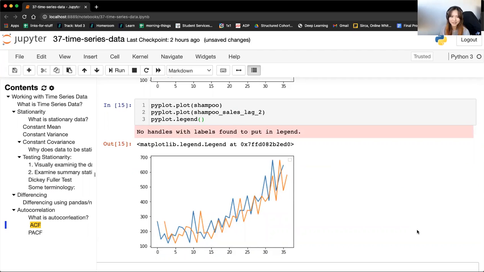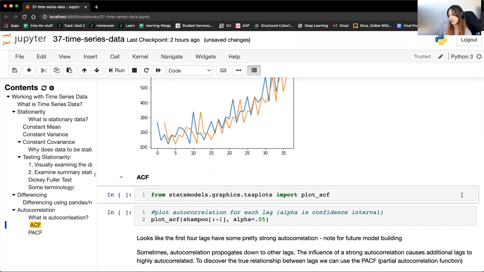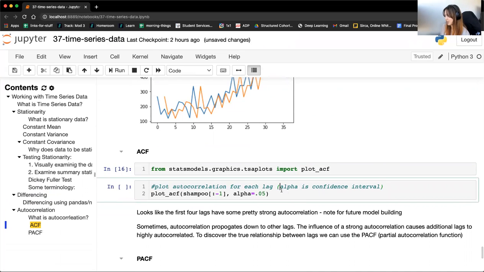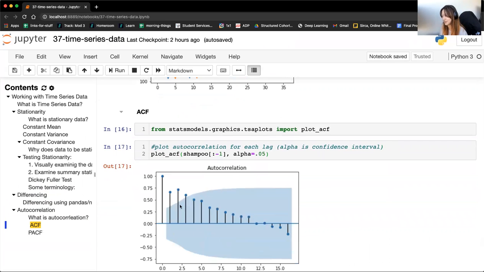So autocorrelation is basically a data set's correlation with itself, shifted some number of time periods. There is an easier way to test for autocorrelation versus just looking at it on a graph, and that's using ACF or PACF curves. Very neat, it's actually built in within statsmodels. What the ACF plot looks like is something like this.